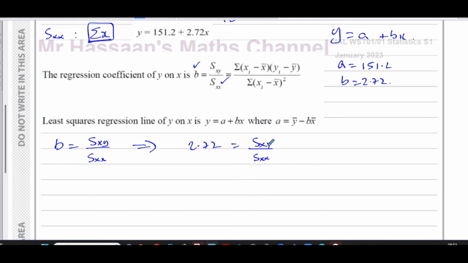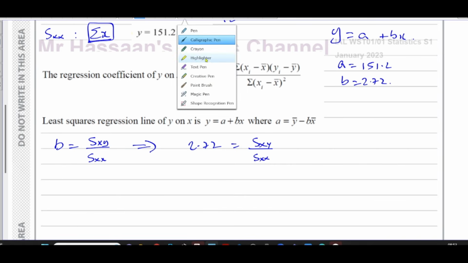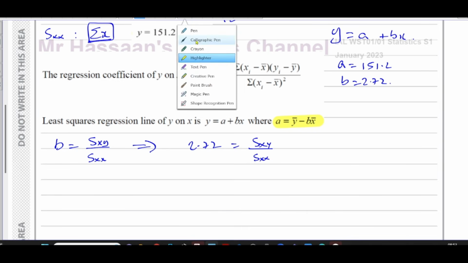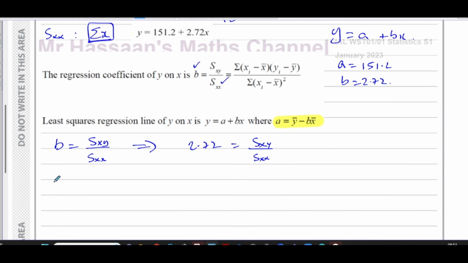Okay, now, what they told us here is something else. Okay, let me change the color. They've told us the value of a is equal to the mean of y minus b times the mean of x. Now, the mean of y is the sum of all the y terms divided by n. And the mean of x is basically the sum of all the x terms divided by n.